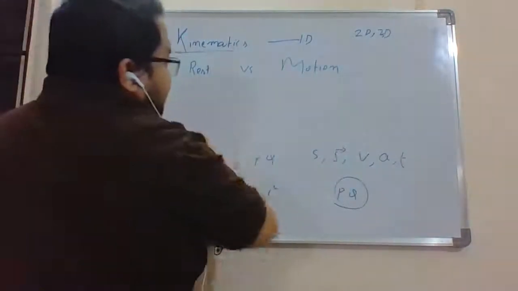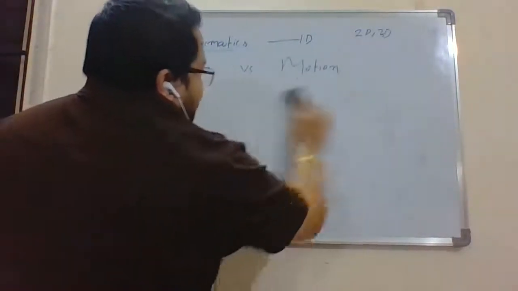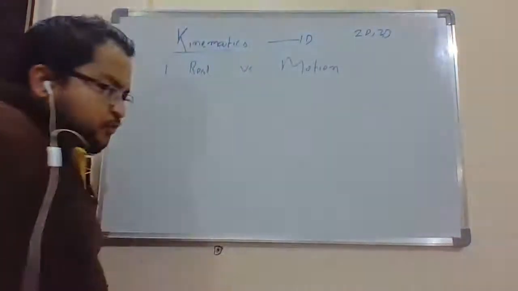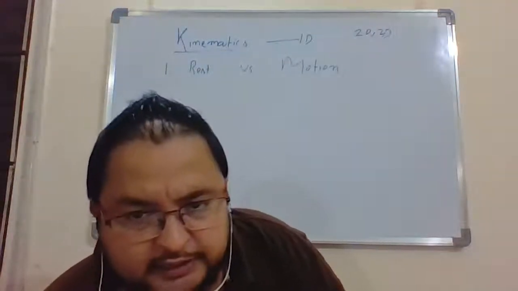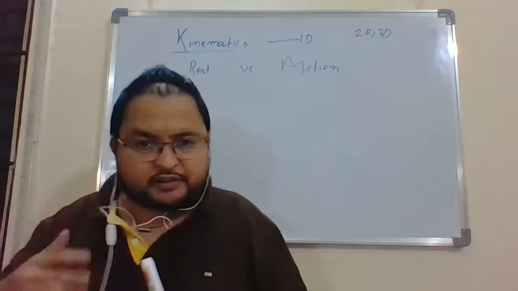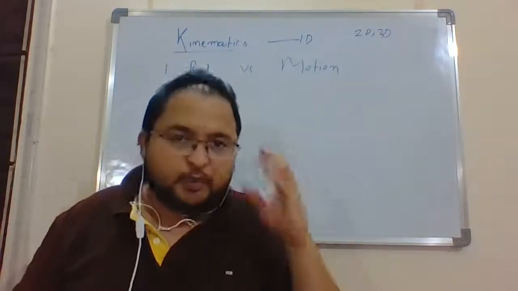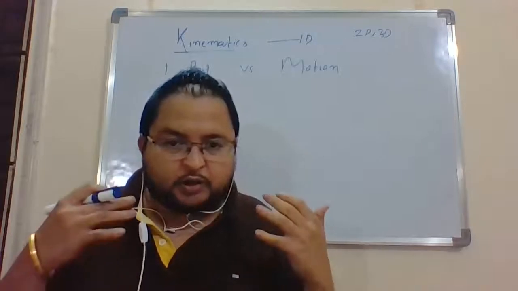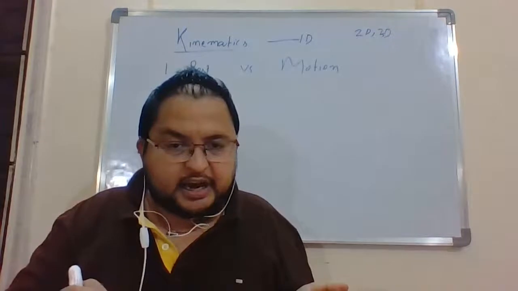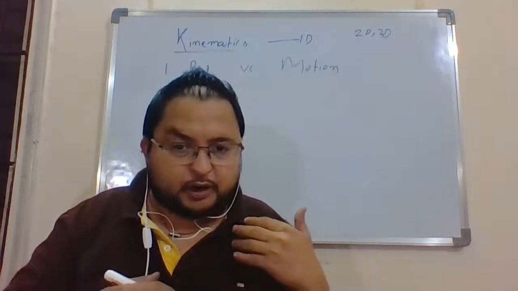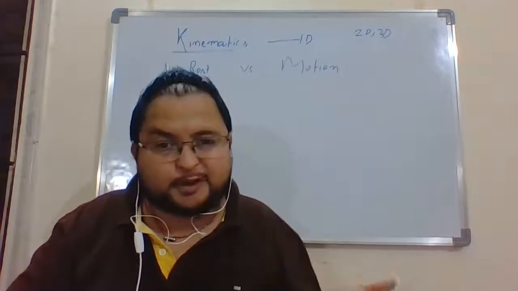So coming to rest and motion, right? We may think for a moment that we have been talking about things that are at rest or things that are in motion right from our childhood. So obviously you might be thinking that the very room from where you are watching this video, you are sitting, and maybe you are sitting in front of a camera or a phone or a laptop.